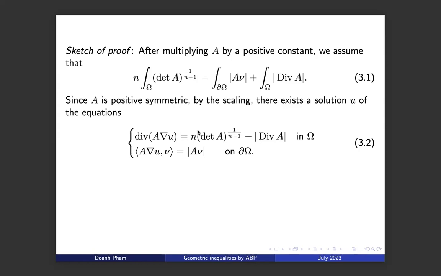And there's a more generalized version saying that if you have two matrices A and B which are non-negative and symmetric, then the trace of A times B is greater than or equal to n times the determinant of A times B to the power 1 over n, something like that. Thank you.